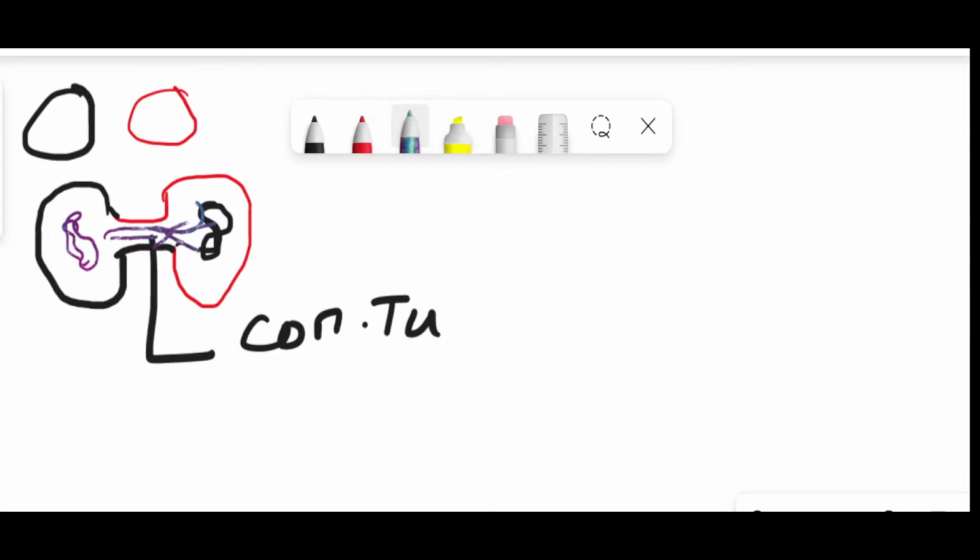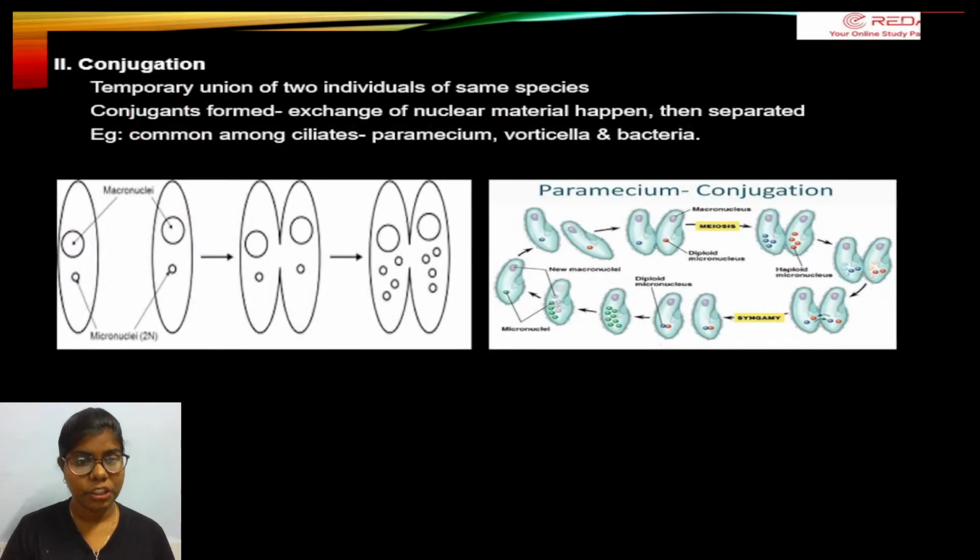So by this tube, the main transformation, the genetic material transformation is happening. So this kind of joining, fusion is called conjugation.